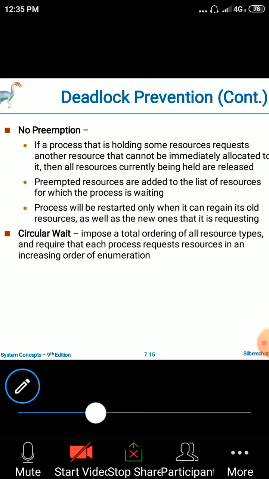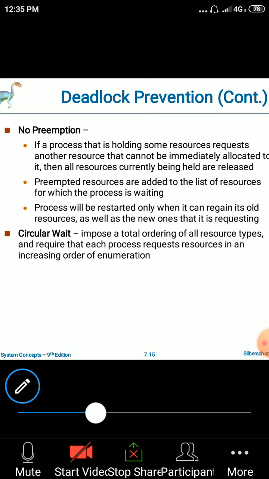What does that mean? Suppose the process P1 is holding some resources, and it is requesting some other resources, and those resources cannot be immediately allocated to process P1. Why? Because the resources the process requested are held by other processes. In such cases, those resources cannot be allocated to the process P1.